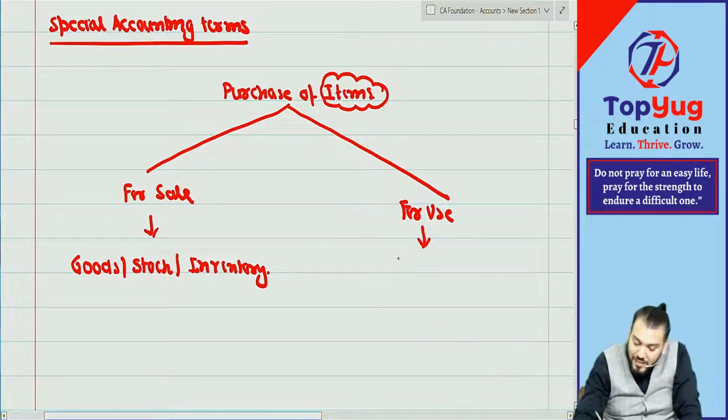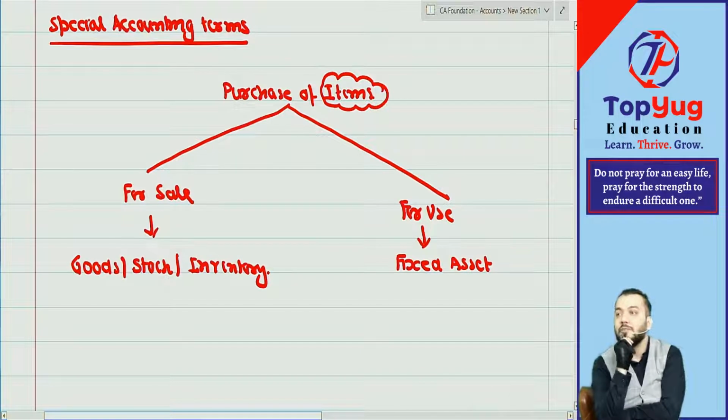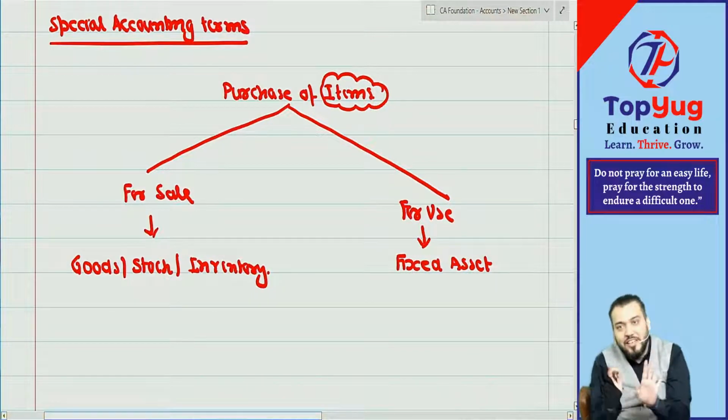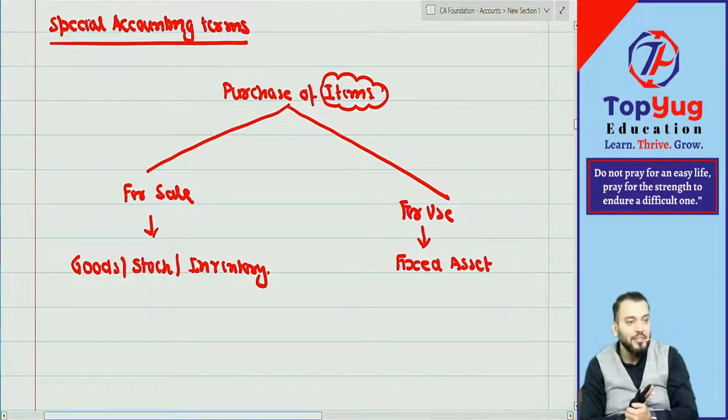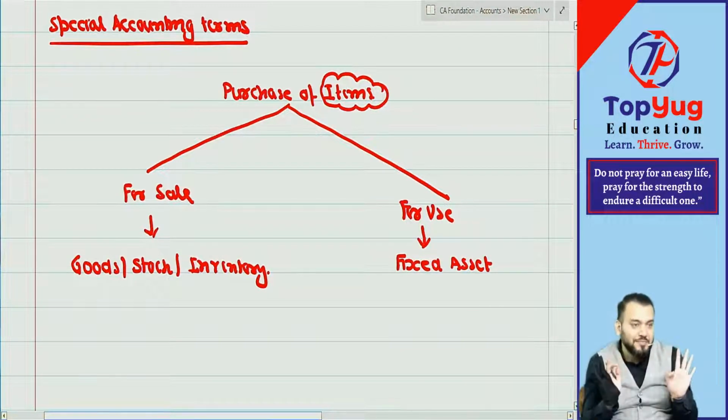So can I say it will be known as fixed asset? Yes. Both are assets. Inventory is also an asset. Fixed asset is also an asset. We purchase an asset for deriving some benefit. If the benefit will be derived, it is an asset only.